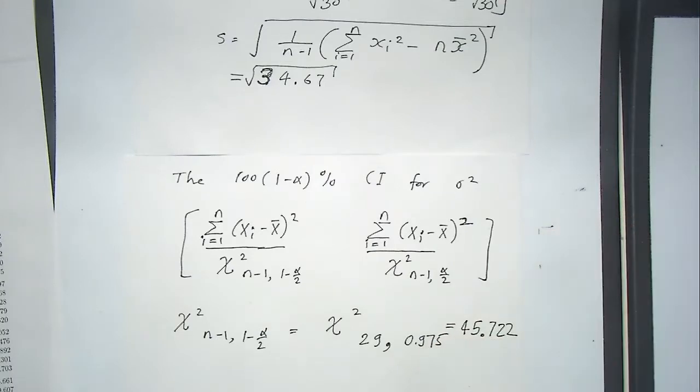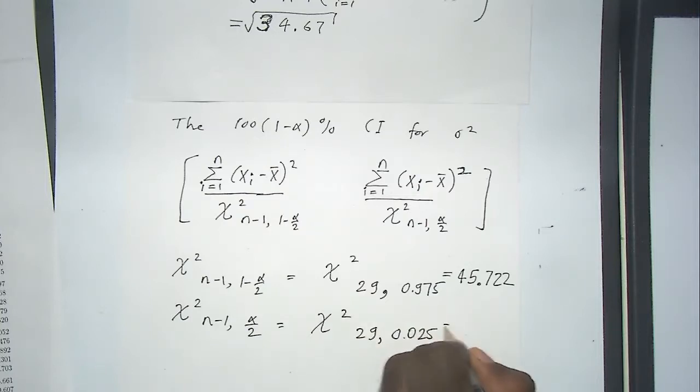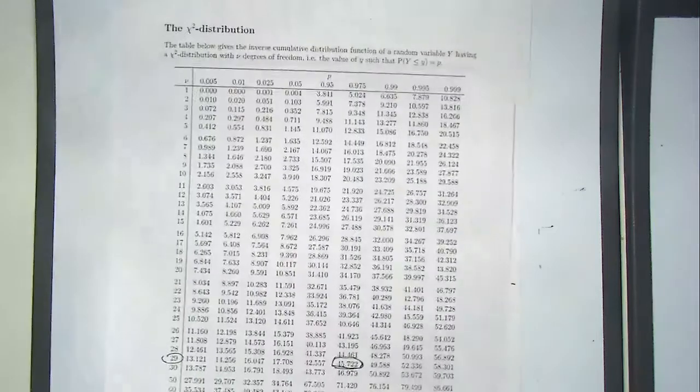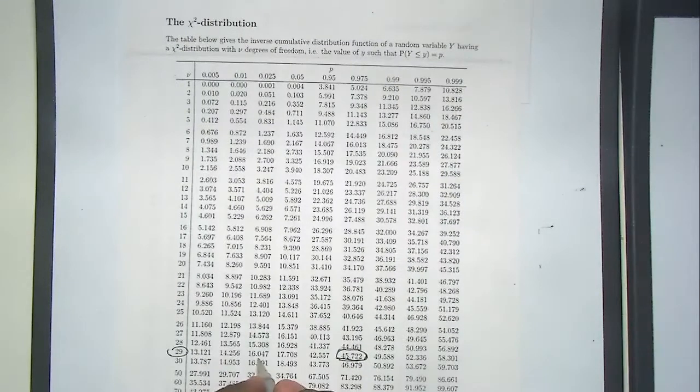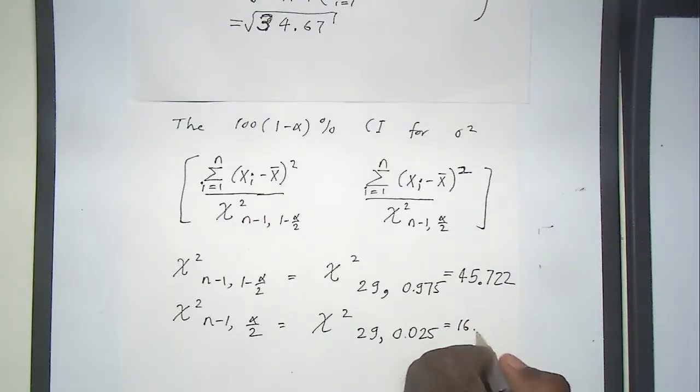Okay. And then you will also need to find this guy here, right? Which is chi-squared 29, 0.025. For that, you go back to the table and you look for 0.025, which is this one, right? So that's 16.047, right?